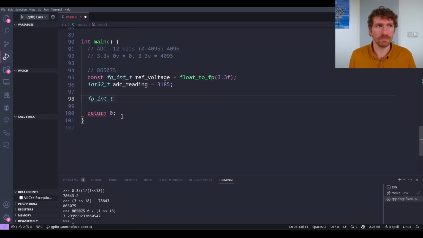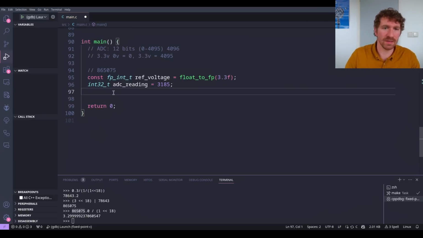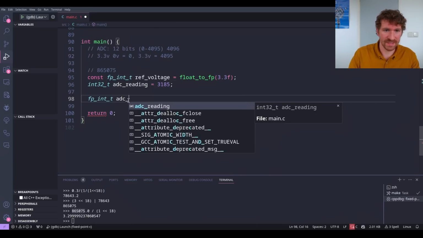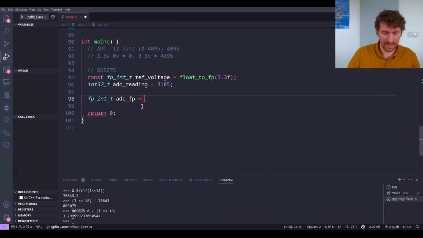into the number. So what we can do ahead of time is we need to do a fixed point division. So we're going to take our fixed point number, which is going to be our ADC fixed point. And how do we do that?